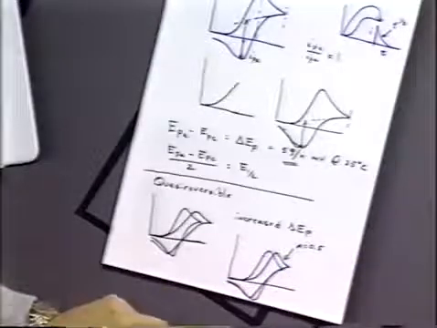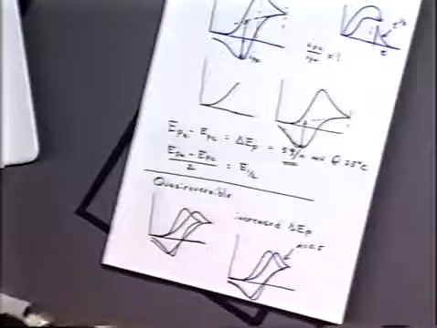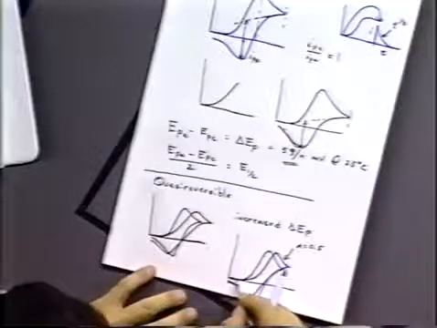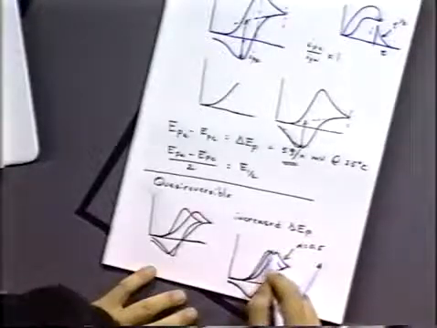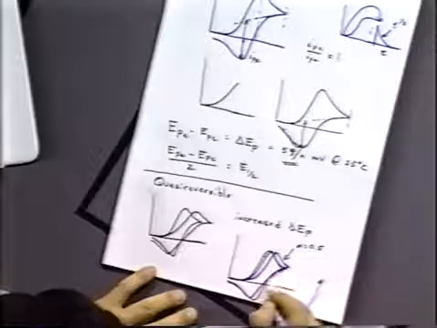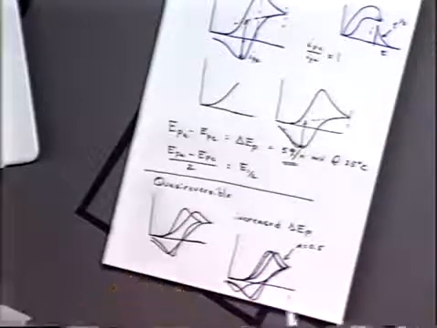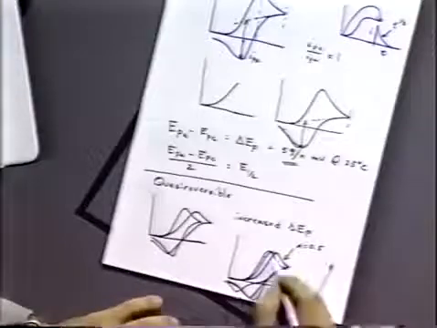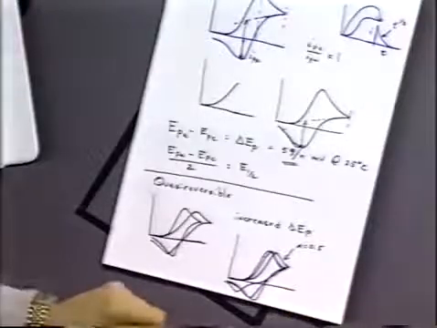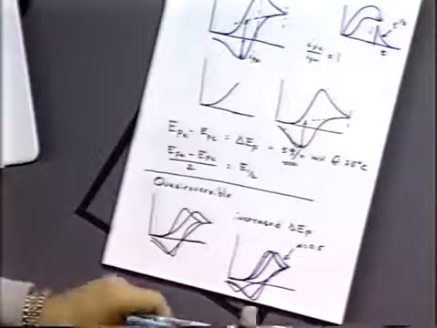If alpha was, let's say, 0.7, we'd see a curve more like that with a sharp cathodic wave and a broad anodic wave.